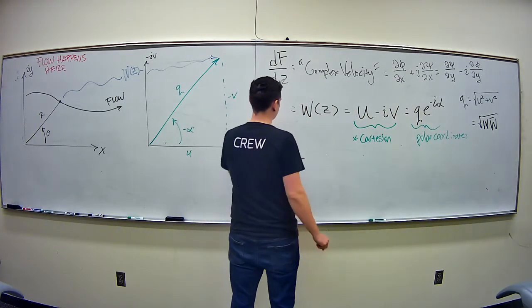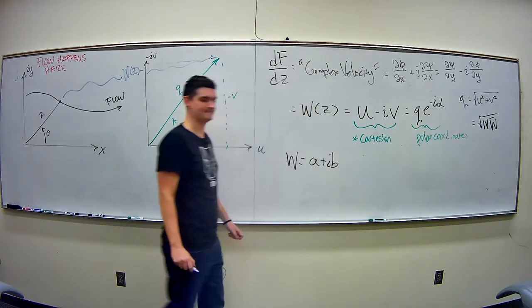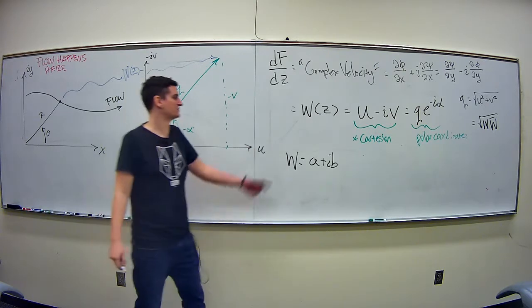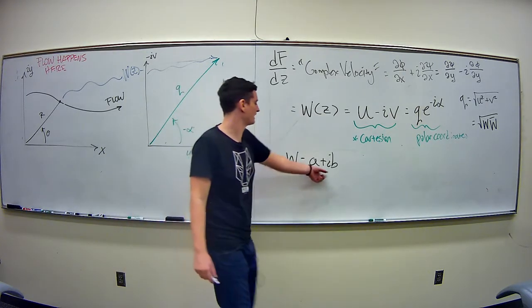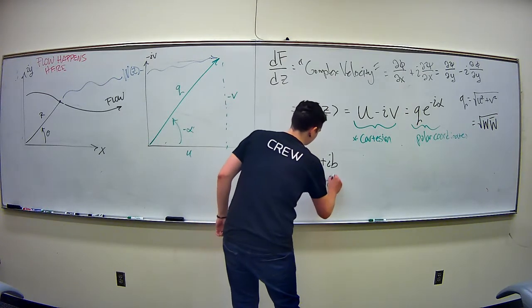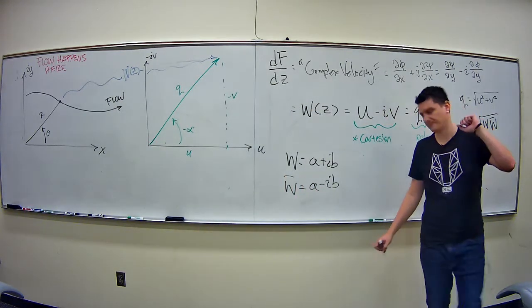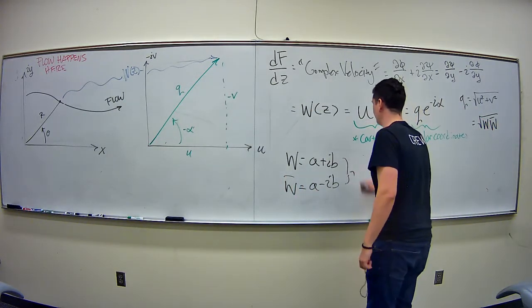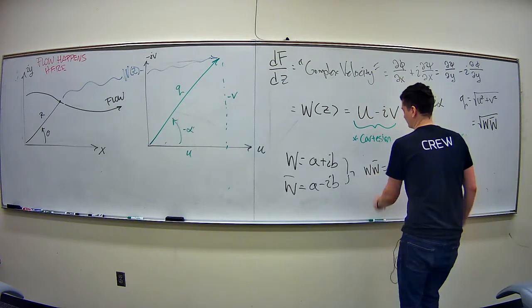So if this is evaluated to some complex number, an a and b, if I'm defining these complex numbers, you give me a complex number, and I will spit out some complex number, a plus b. Well, the conjugate of a complex number is what? It's a minus b. So you can see right here that that's the same thing as this. These definitions of conjugation of complex variables give you this, and it's symmetric as well.